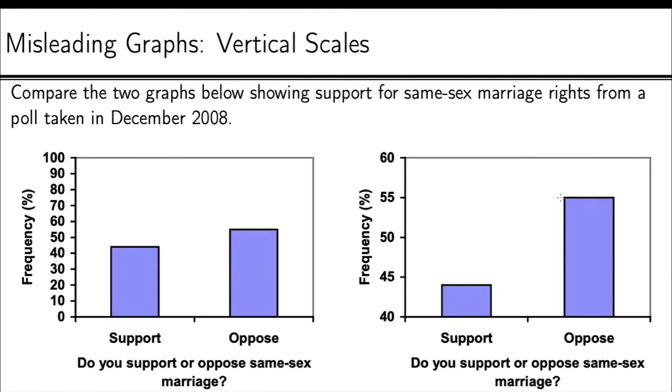However, when you look at the vertical scale, you see opposition is actually at, it looks like 55%, and support is at 45%. That's not that huge of a difference. Here, it looks like opposition is 4 times as great as support. And that's because our vertical axis, our vertical scale has been truncated here, where our bottom here is at 40, where the bottom should be at 0 to give the clear picture that the left graph presents.